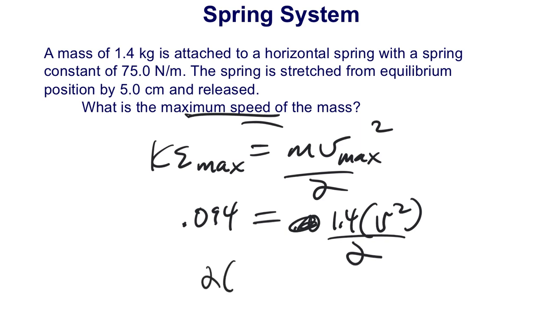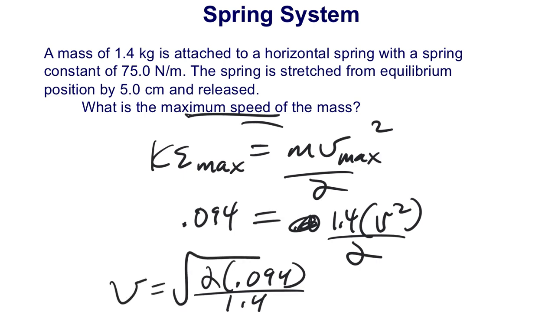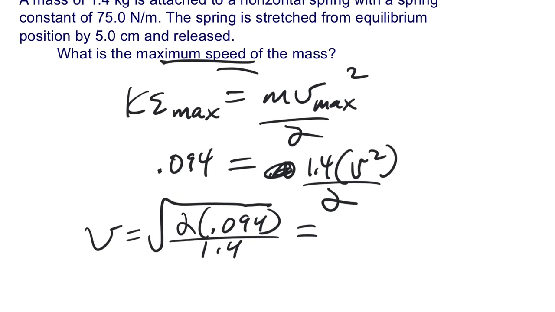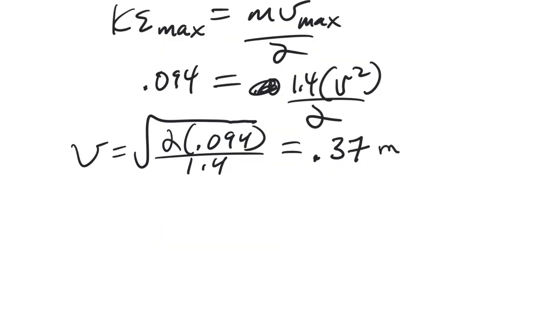So cross multiply, 2 times 0.094, divide through by 1.4, then square root it to get rid of the square on the v. So you get 0.37 meters per second.